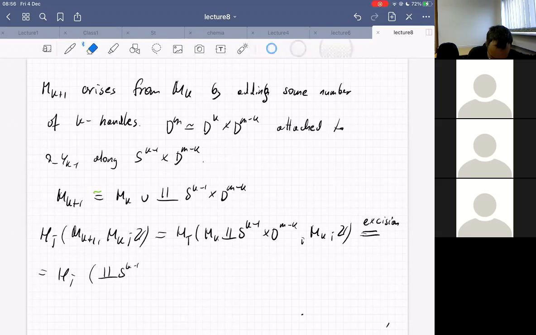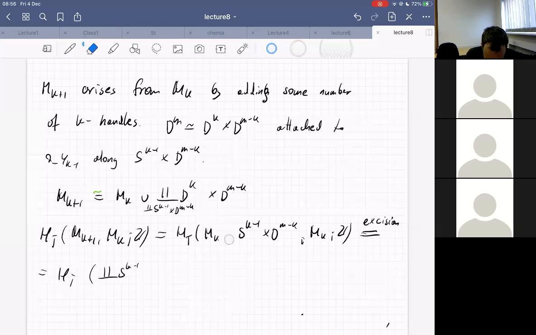Sorry, this is wrong. I'm saying crap here. This is, of course, D^k, and the sum is along S^{k-1} times D^{m-k}. Sorry about that.